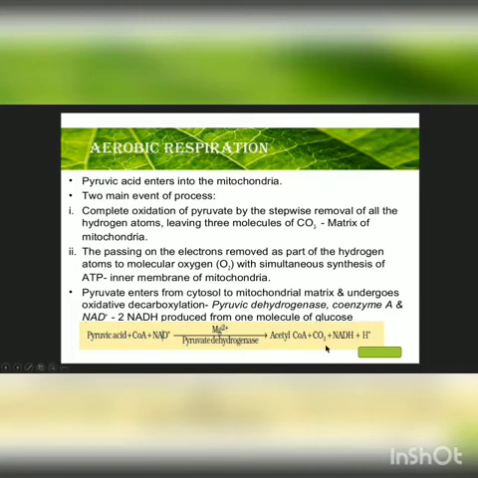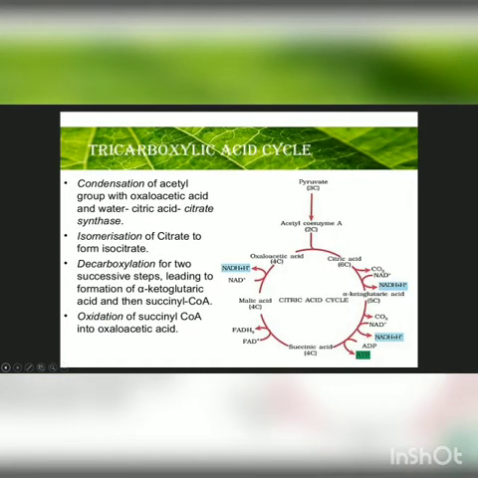So this is the first step. Understood? Formation of acetyl coenzyme A in the presence of coenzyme A and NAD plus, with the help of enzyme pyruvate dehydrogenase, magnesium ions are also required, and the formation of acetyl coenzyme A takes place.